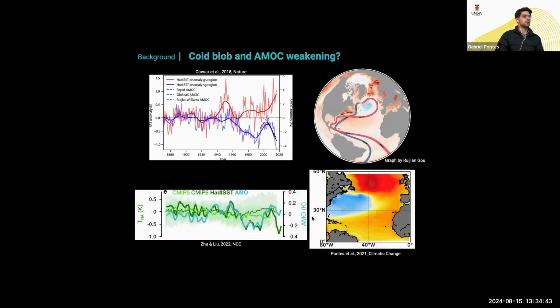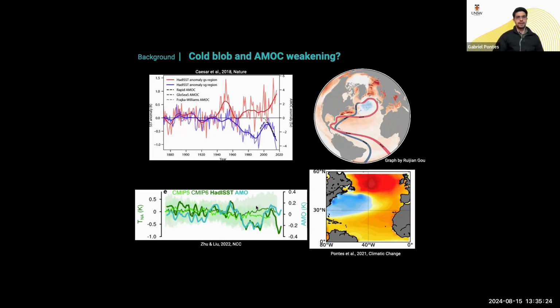So when we take into account the Atlantic multi-decadal oscillation or variability, which is defined basically by this spot here on the right, and we compare the index of the AMO with the index from this study that would be indicating a weakening of the AMOC, we can see that there is a stronger relationship between the AMO and this index.